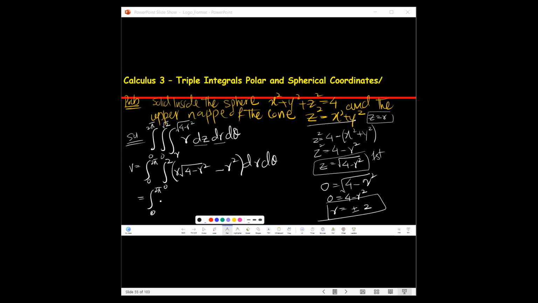So it's going to be minus 1 over 3 times 4 minus r squared to the 3 by 2, minus r cubed over 3. Let me write one more time on the other slide, or maybe I can write here. I don't need this.